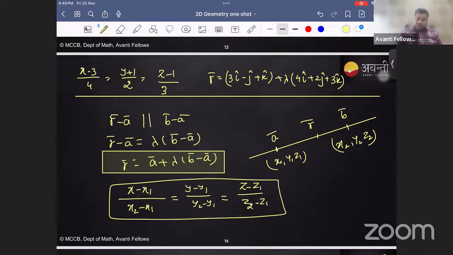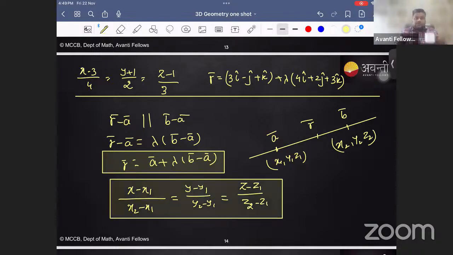This is the equation of this line in 3D form. Am I clear?